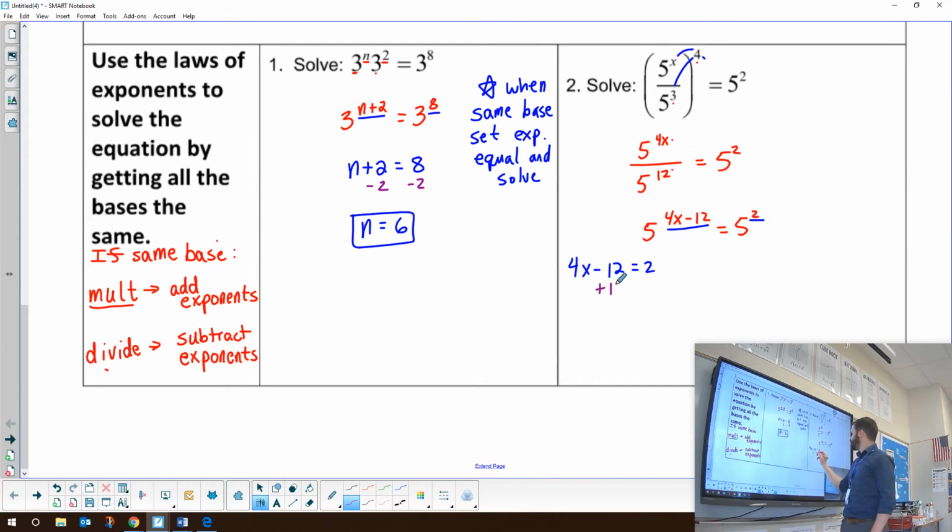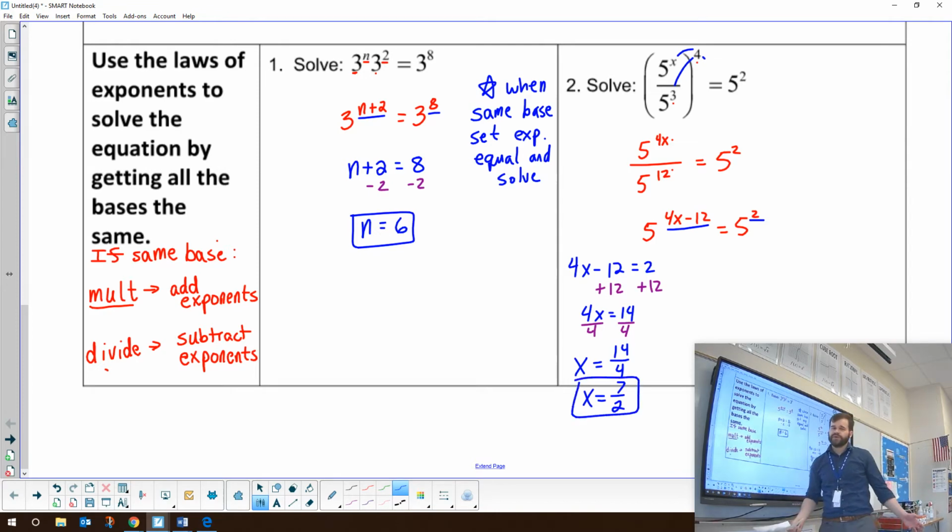I'm going to add 12 to both sides, get 4x equals 14, divide both sides by 4, get x equals 14 over 4, or to be more accurate, the simplified version, 7 over 2. You could also write it as 3.5. Doesn't matter. But there's our answer: x equals 7 over 2.